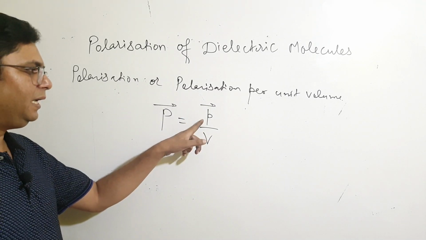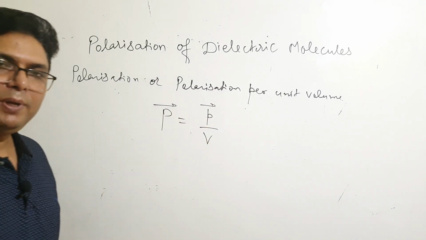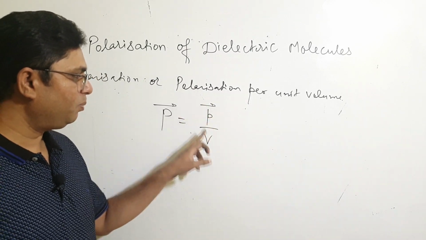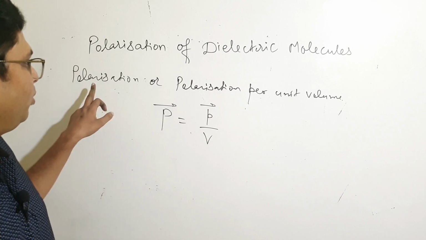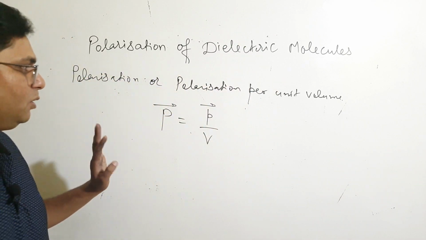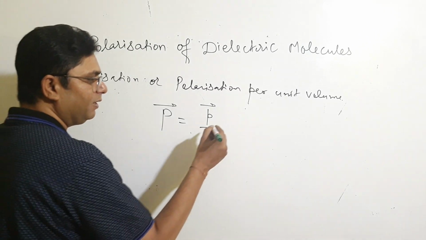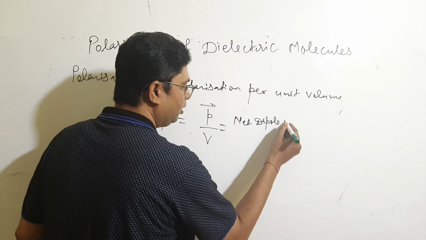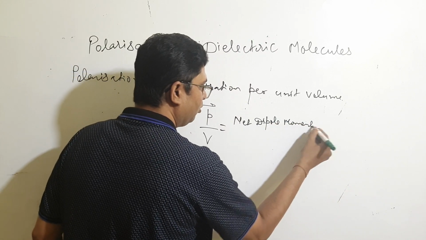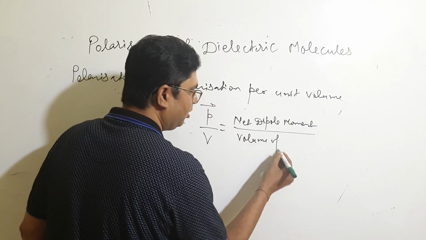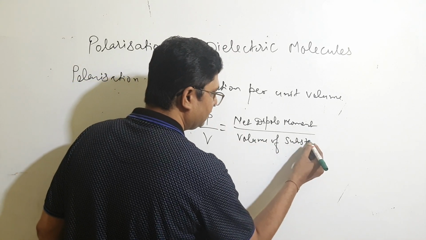Here small p is the dipole moment. So net dipole moment per unit volume is said to be polarization, or polarization per unit volume. This is net dipole moment divided by volume of substance.